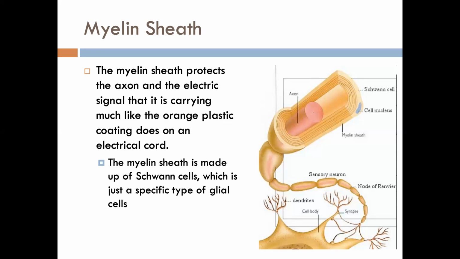So myelin sheath, the outer coating, the protective layer of the axon, and at the same time, with the nodes of Ranvier that are found within the myelin sheath, this helps action potential occur, helps with the sending of this information down the axon.